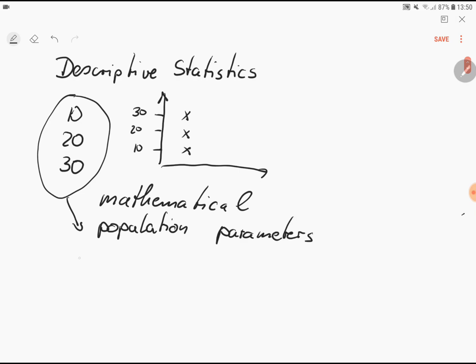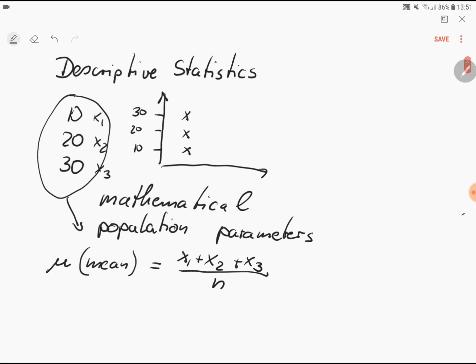Now we know that with a population we measure the parameters, and one of the parameters is the average. And when we talk about a population, we talk about mu, that is the mean or the average of this population. To get this mean is very easy. We just add up all our data and divide by the number of data. So we take x1 plus x2 plus x3, and divide by n.